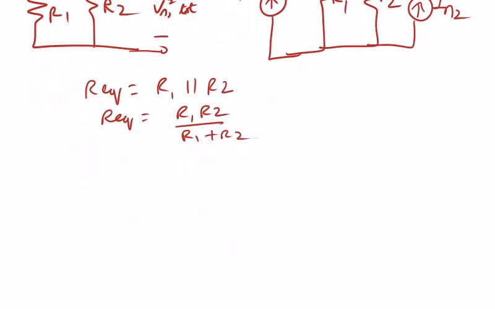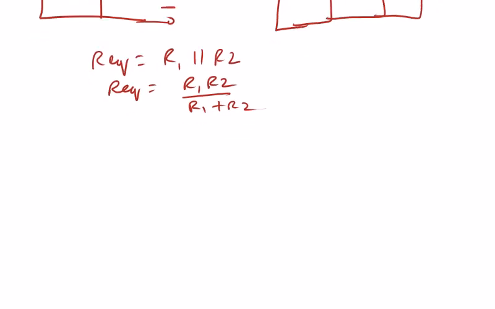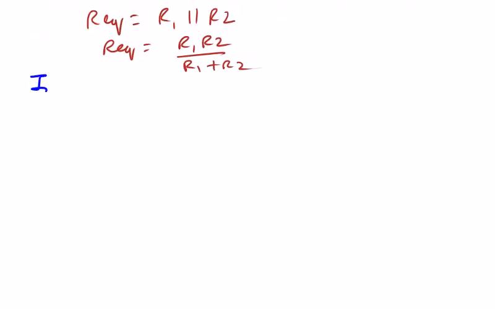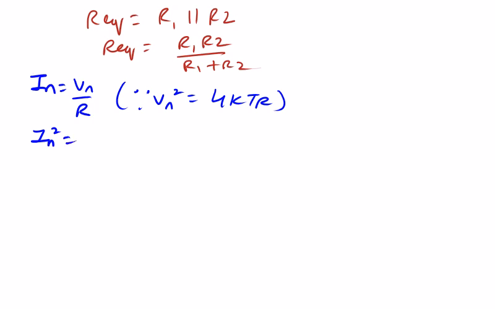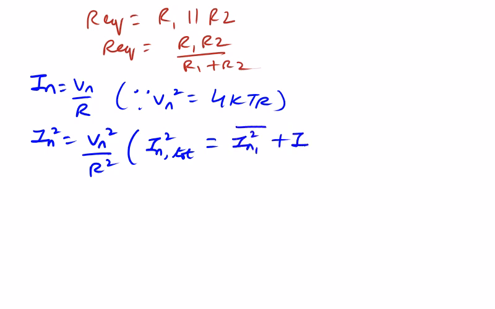Okay, so let us solve this problem now. What is IN now? My IN is equal to Vn by R. Since Vn² is equal to 4kTR, IN² is equal to Vn² by R². So IN² total is equal to IN1² mean plus IN2² mean.